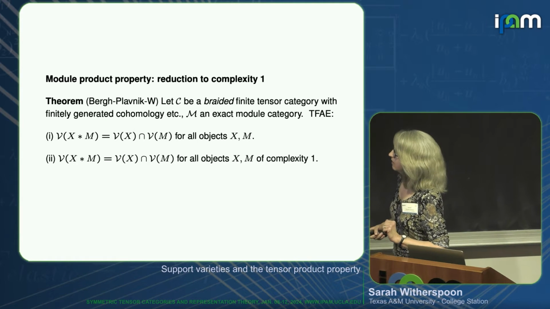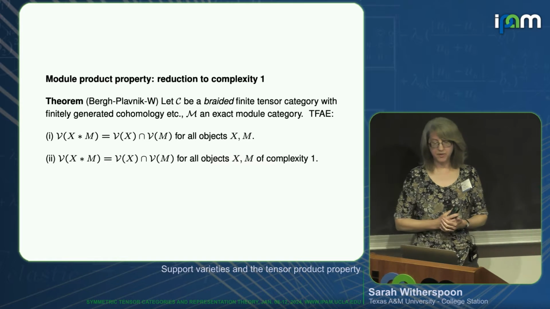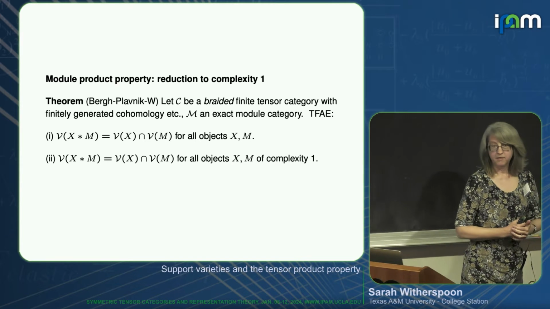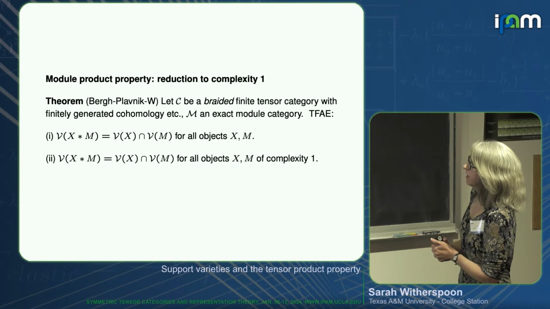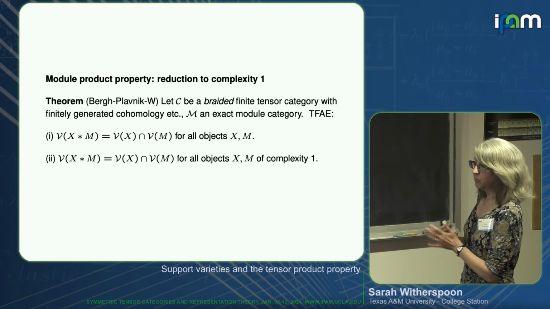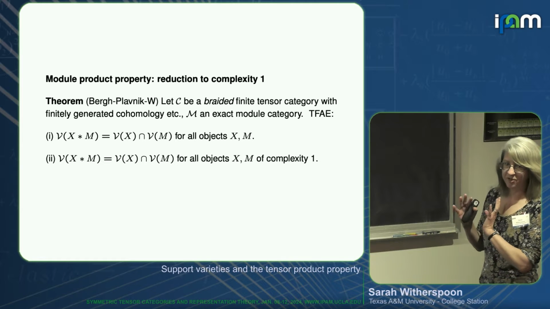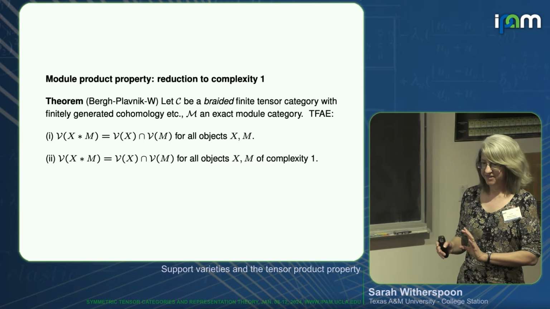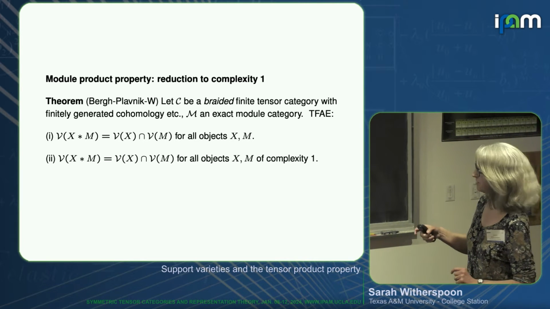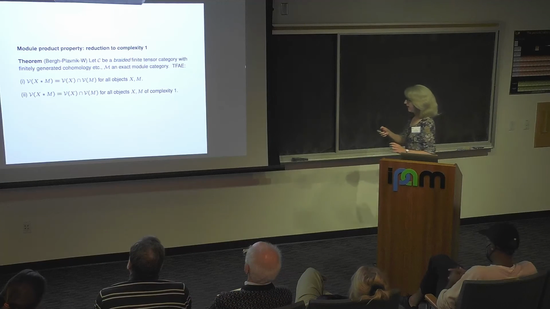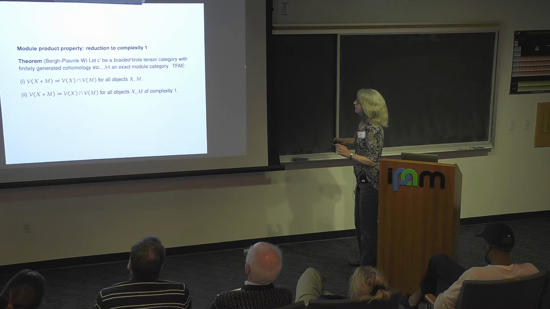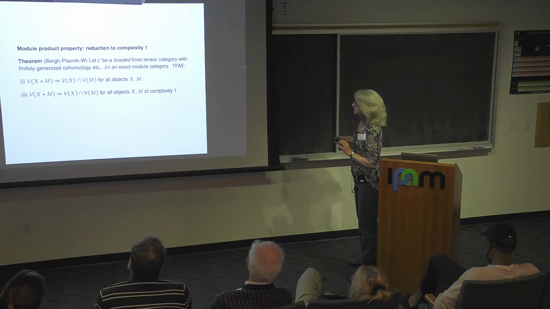Okay. So the first one I want to mention, the main result is a reduction to complexity 1. Here we're working in the braided setting. If you don't have a braided category, then I have no idea what to do other than counterexamples. But let's assume we're in the braided setting. So we have a braided category, and I'm assuming all day that it's finitely generated cohomology and so on.